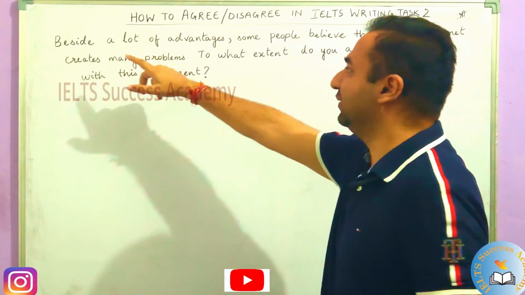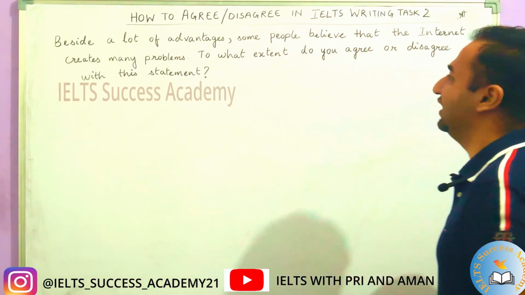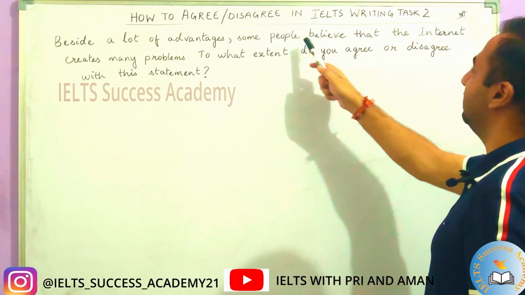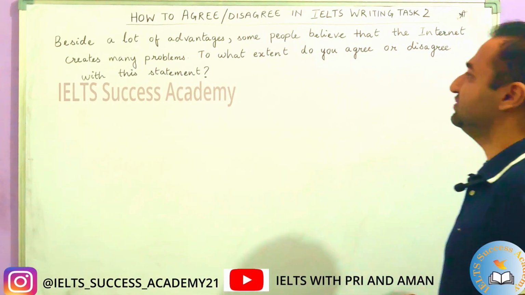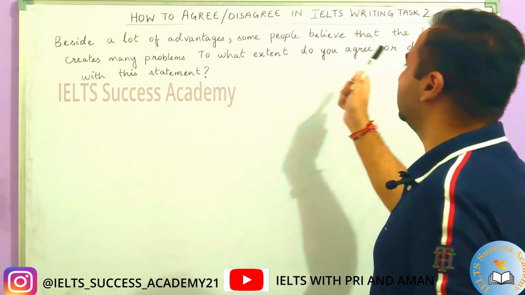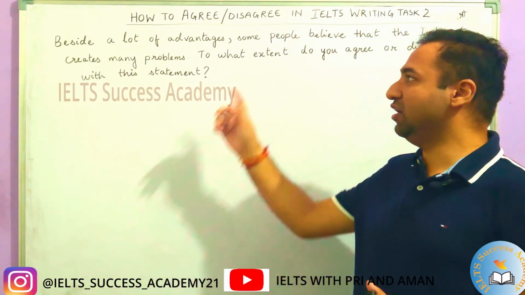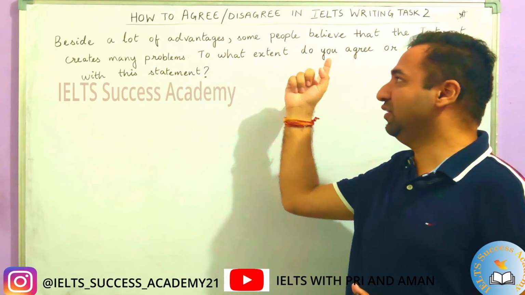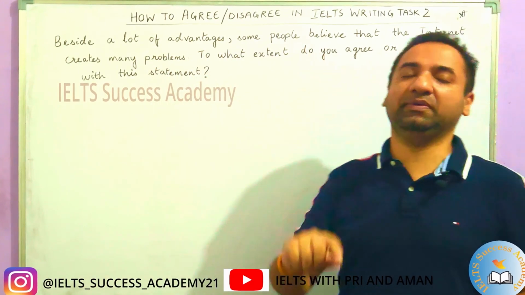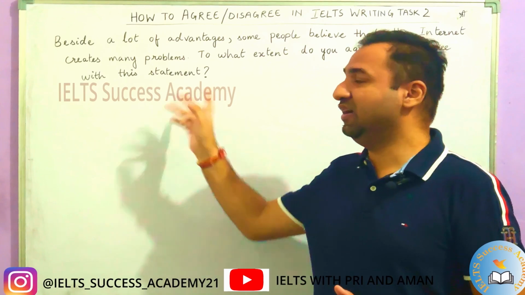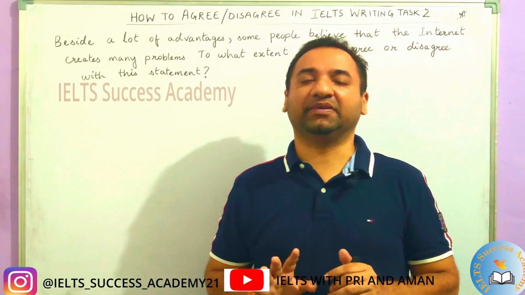So, for example, here, beside a lot of advantages, some people believe that the internet creates many problems. To what extent do you agree or disagree with the statement? So, in this question, you either agree with the statement or you disagree with the statement.